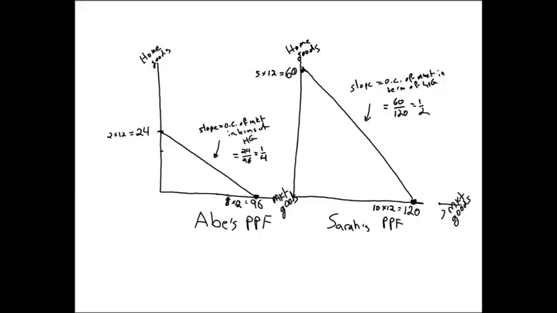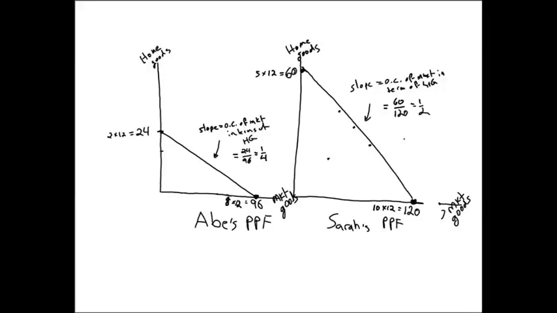Before we go on, I want us to just remind ourselves that any point along the production possibility frontier is efficient in terms of production. Any point inside the PPF is inefficient. We're not using our resources in the most efficient way.